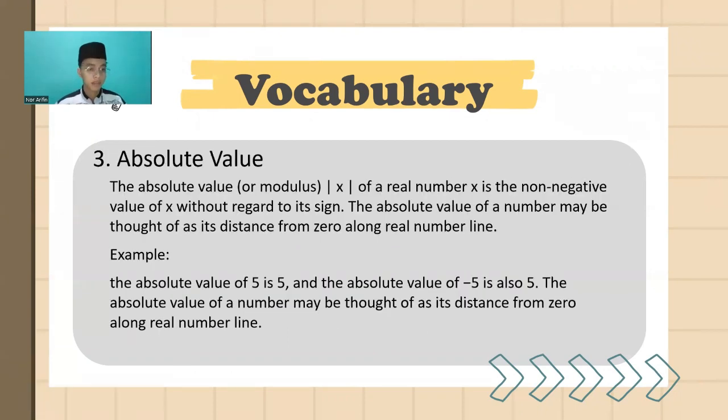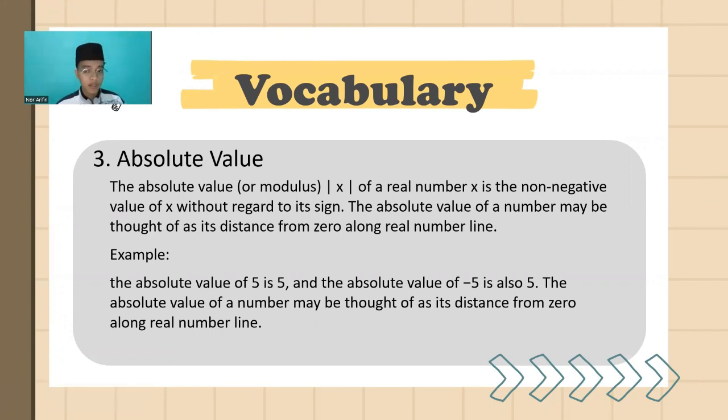Next is absolute value. In bahasa, absolute value is bilangan mutlak. The absolute value or modulus |x| of a real number x is the non-negative value of x without regard to its sign.